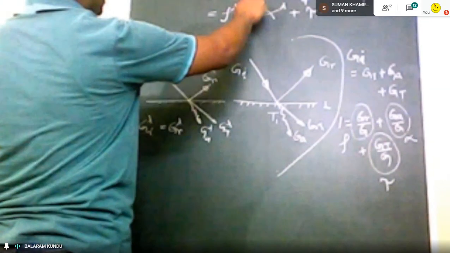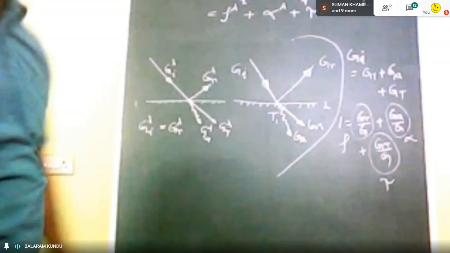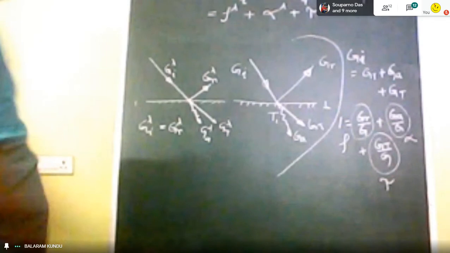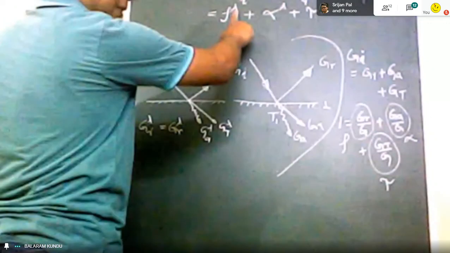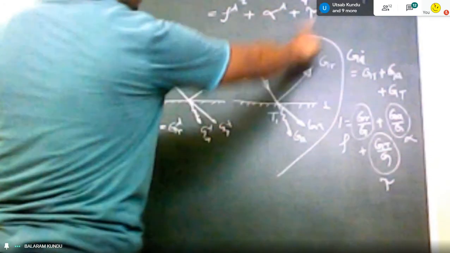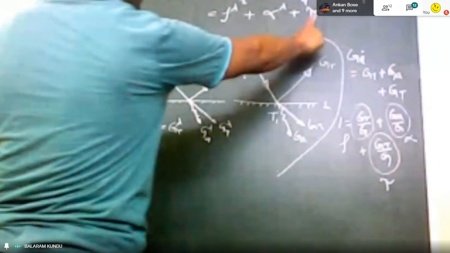So this ratio is called spectral reflectivity. It is denoted by rho superscript lambda. Plus alpha superscript lambda, that is spectral absorptivity, and tau lambda, that is spectral transmissivity. So add these three, it will be 1.